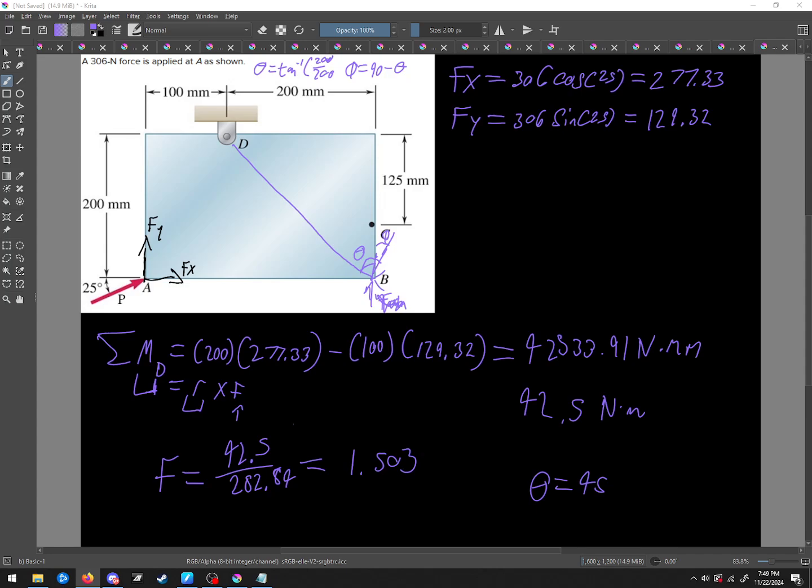Oh, I wrote this wrong. Somehow worse when I wrote it right, though.